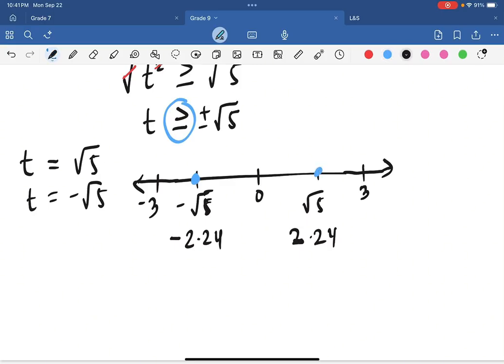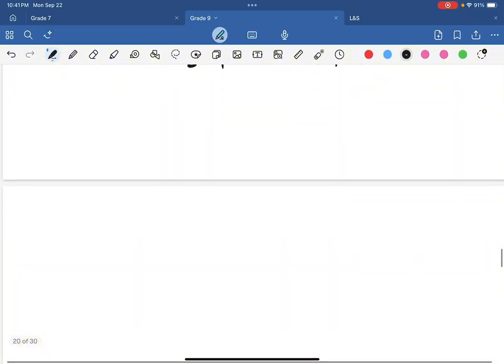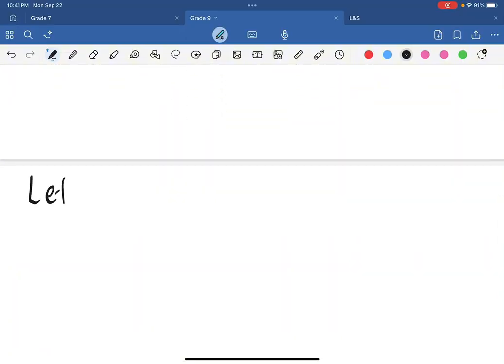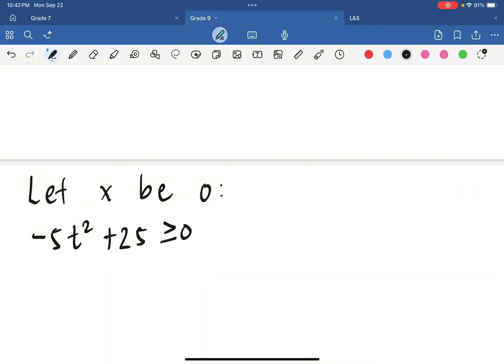So let's see if the numbers in between or after or before would satisfy the given inequality. So let x be 0. Going back, we have negative 5t squared plus 25 is greater than or equal to 0.